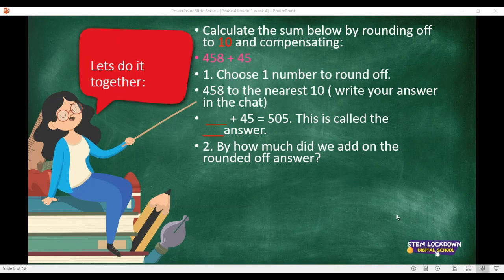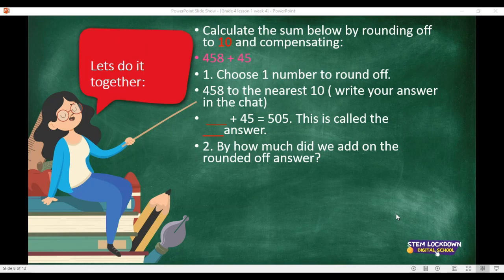You can either round off 458 to the nearest 10, or round off 45 to the nearest 10. I saw one person answer 466, and whoever that was, well done, because you were right. So 460 plus 45, the answer is 505.